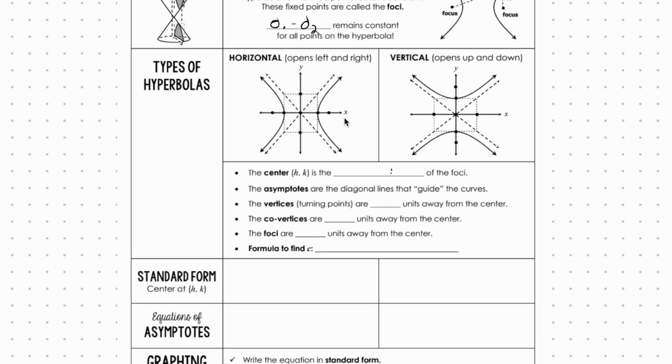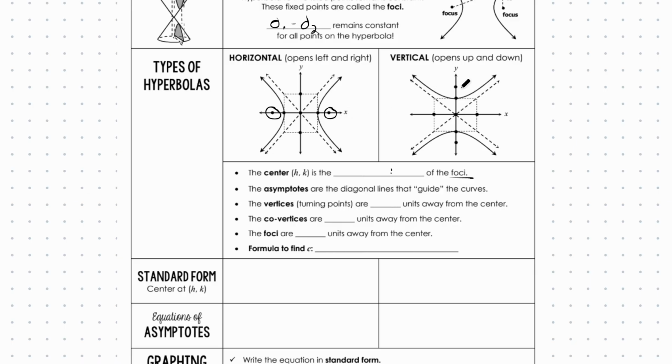Okay, so let's talk about some types of hyperbolas. We have horizontal hyperbolas that extend horizontally in this direction, and vertical hyperbolas that extend up and down. One way we can find the center of a hyperbola is when we know the foci.